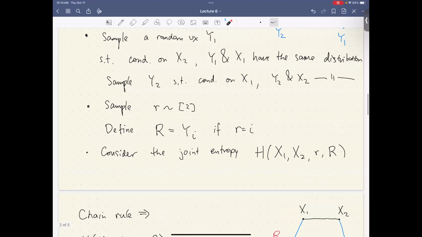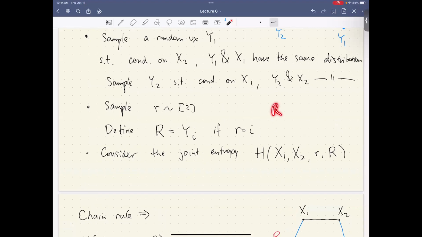That's a good question. Maybe we can just define R to be uniformly distributed over these two. We can define it this way without specifying little r. I think there is a way to write things without little r, but with little r, it will be much easier to present and to argue.